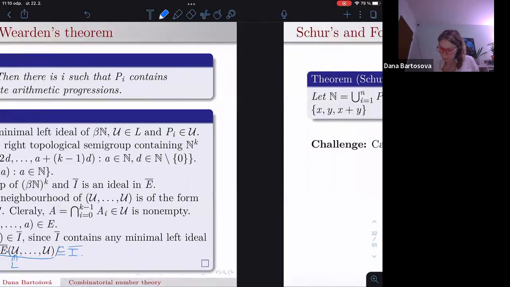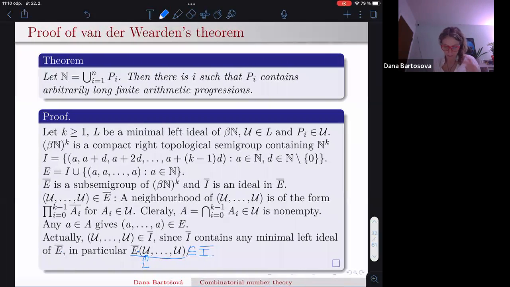But then we are done, right? Because then it tells me that there is a neighborhood of this element U, right? That gives me that this thing itself is in the ideal, and therefore it has a neighborhood that contains an arithmetic progression, and therefore it finishes the proof.